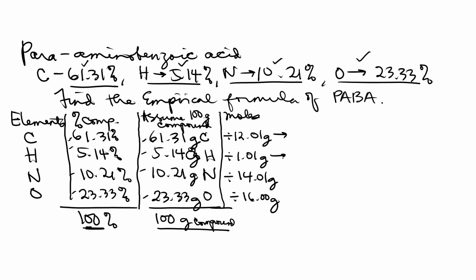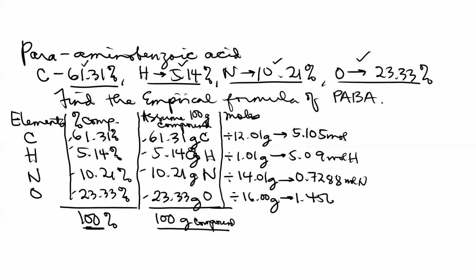So dividing each of these, we get 5.105 moles carbon, 5.09 moles hydrogen, 0.7288 moles nitrogen, and 1.456 moles oxygen.